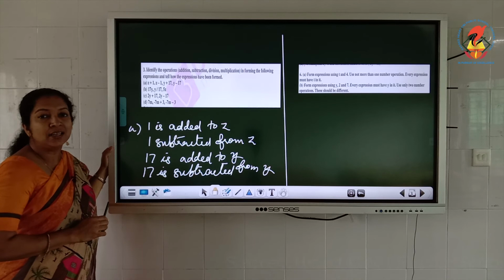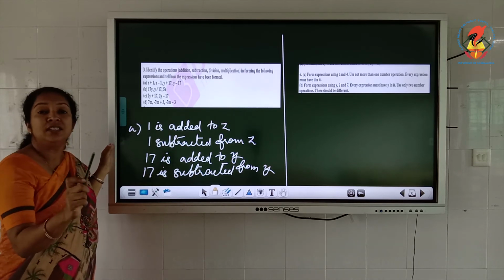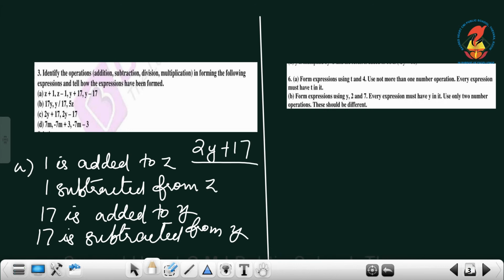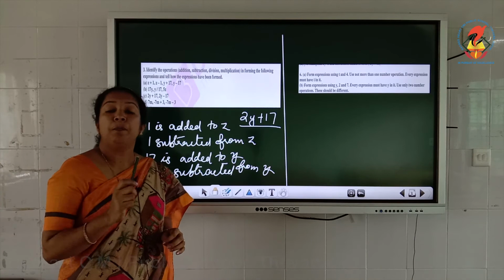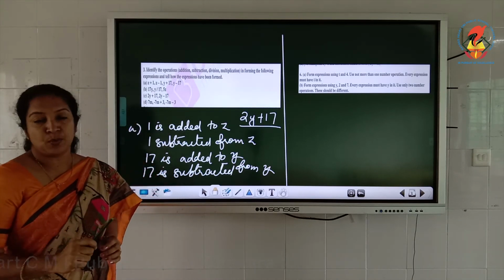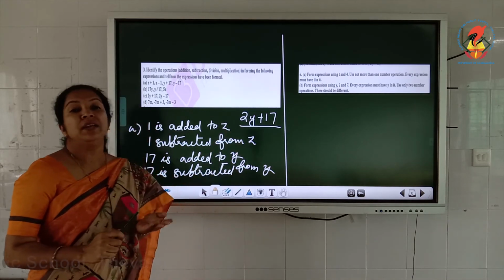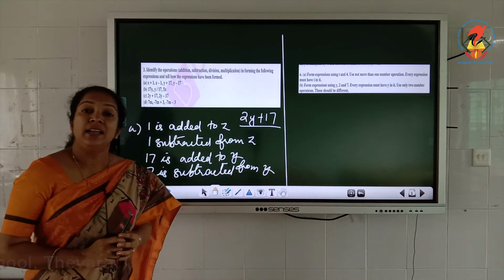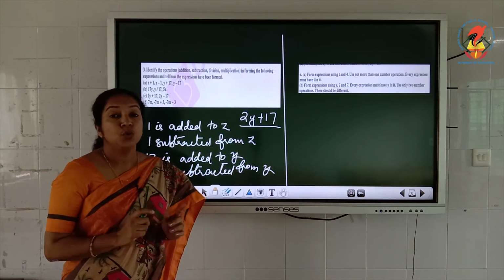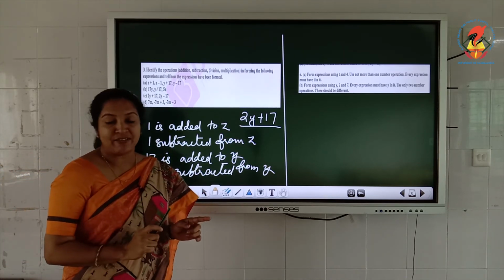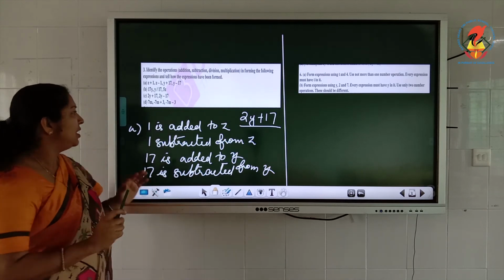How can you write that? 17 is added to the product of 2 and y. Or you can write 2 was multiplied by y and the product is added to 17. You can write in any way.